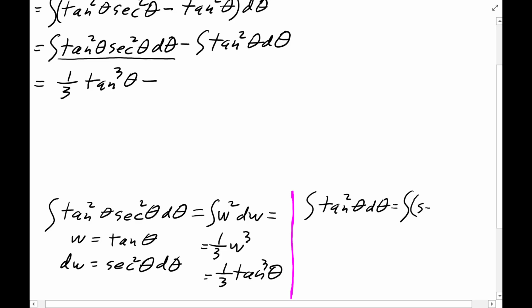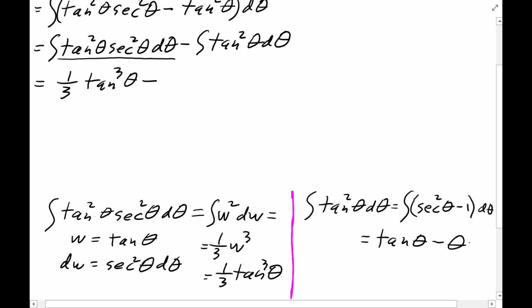Tangent squared theta is going to be secant squared theta minus 1. And this is easy. Antiderivative of secant squared theta is tangent theta minus the antiderivative of 1 is theta.